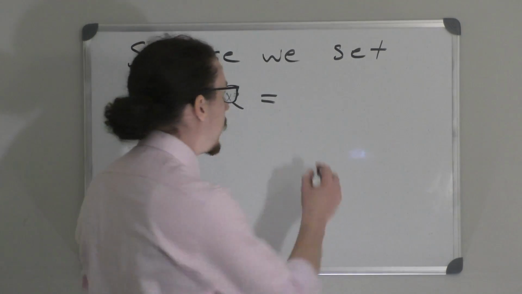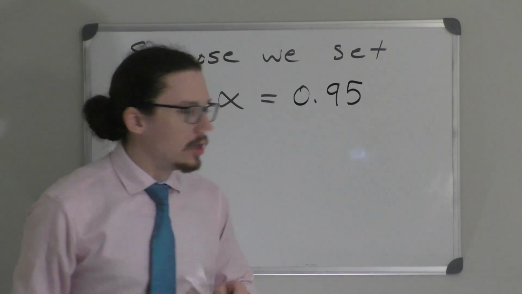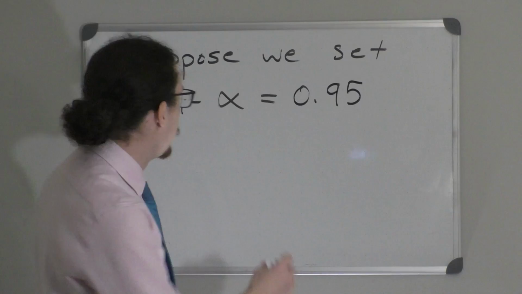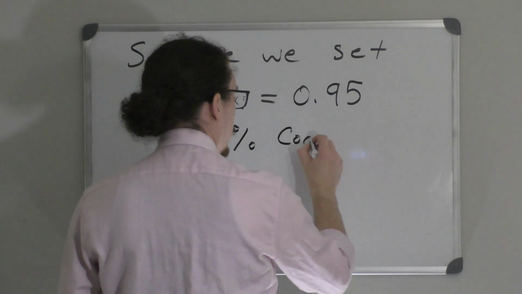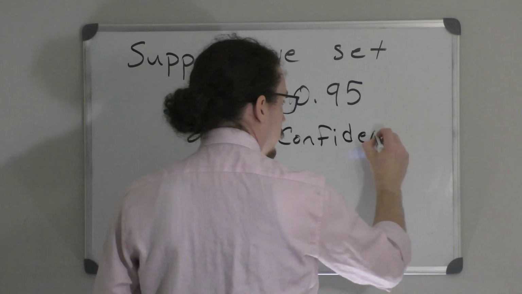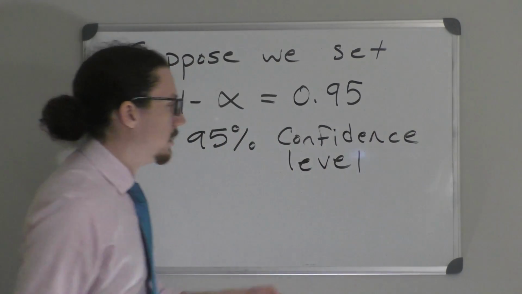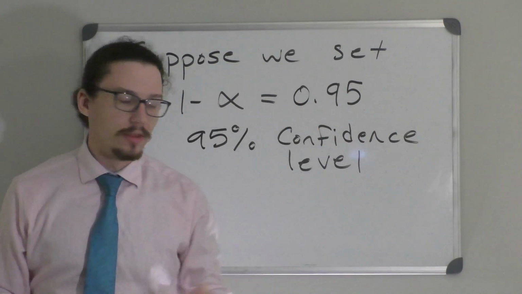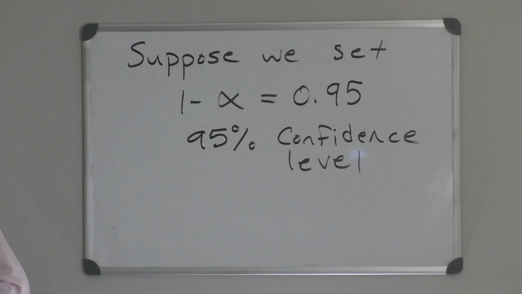So 1 minus alpha would be 0.95. So again, if 1 minus alpha is equal to 0.95, then we're looking at a 95% confidence level. You see that 1 minus alpha times 100, 95, and then you add the percentage, 95%.